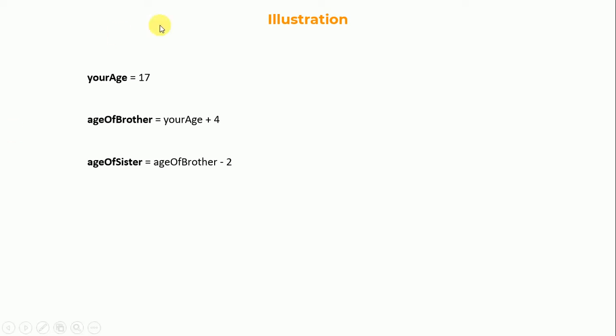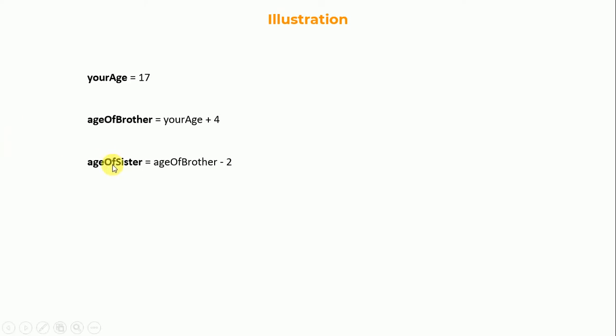All right. And then we have age of sister, which is going to be assigned the result of an expression, which is age of brother minus 2. Now, age of brother was calculated to be 21. So in memory, we will have a subtraction. We make a copy of age of brother, which is 21, and we take 2 from it. We get 19, and we assign the 19 to sister.